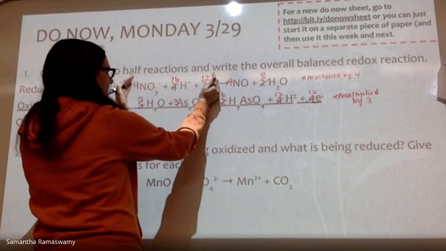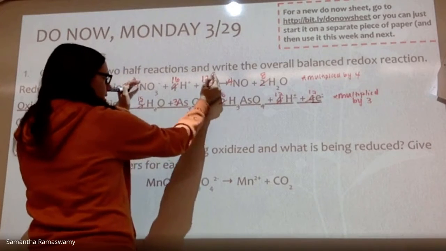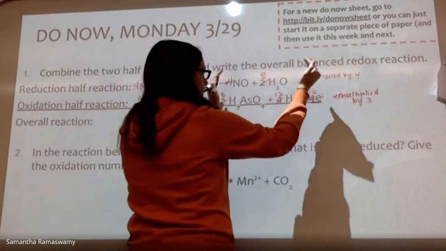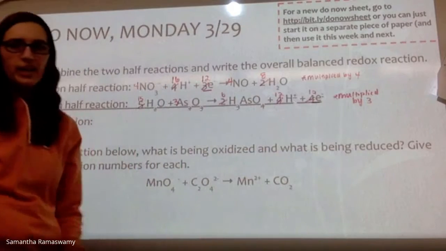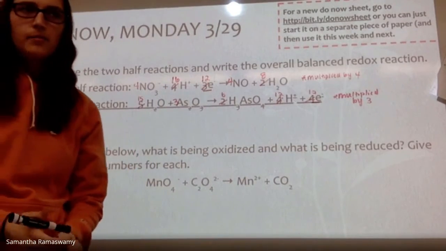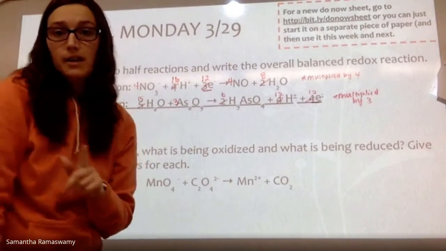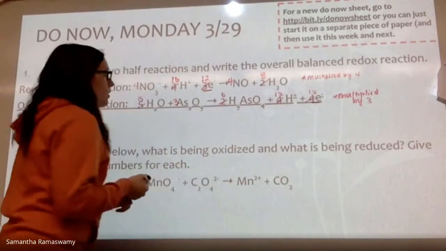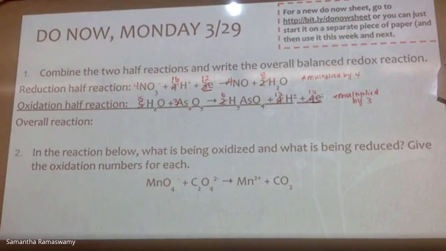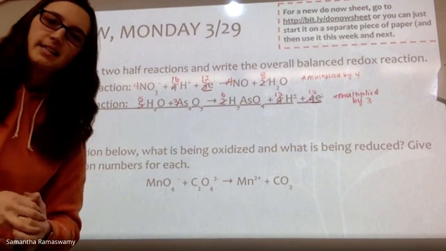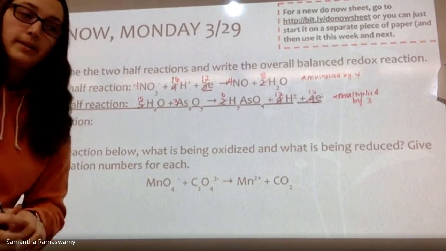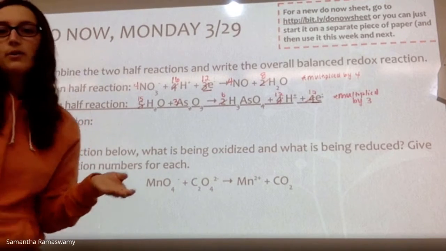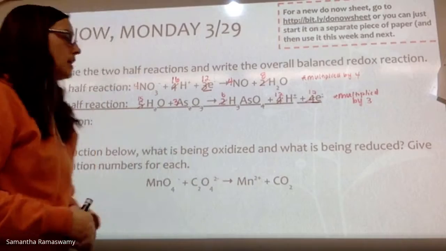Anything that is the exact same on the left and on the right of the arrows, we can cancel. Remember, your electrons should always cancel. And then sometimes you have other things that cancel as well. So if you take a look at this, I want you to look and see what is the exact same. And maybe it's just partial of something. Remember, you can cancel just partial of something.